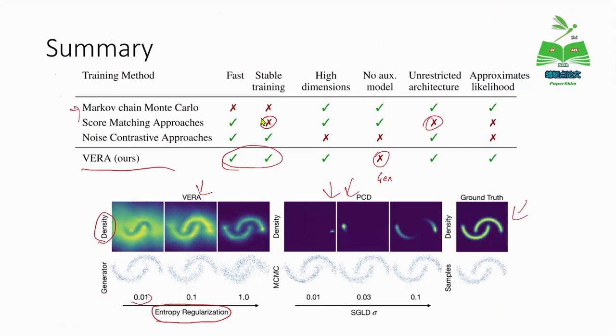If the regularization is very small, the generator can generate much better samples, but the density becomes worse. If the entropy is too strong, the density will be better, but we can see they generate some bad samples.